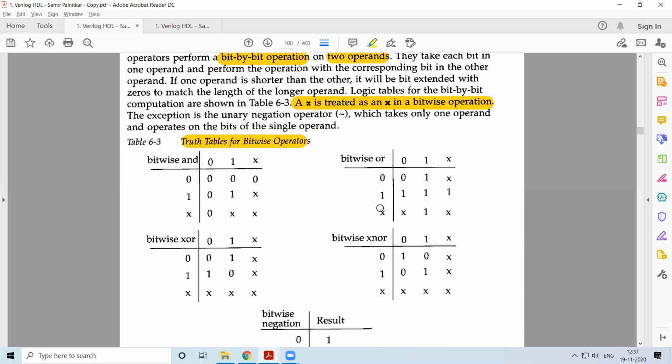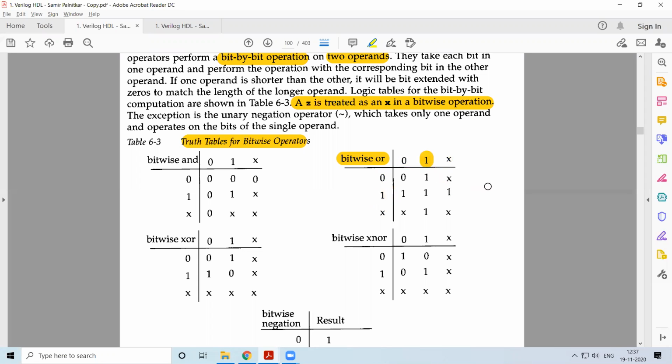Similarly, we have the ORing operation. You can analyze it in the same way. What does OR do? If any one of the inputs is 1, then the output is 1. So if this input is 1, no matter what these inputs are, the output is 1. Similarly, if this bit is 1, no matter what these bits are, the output is 1.